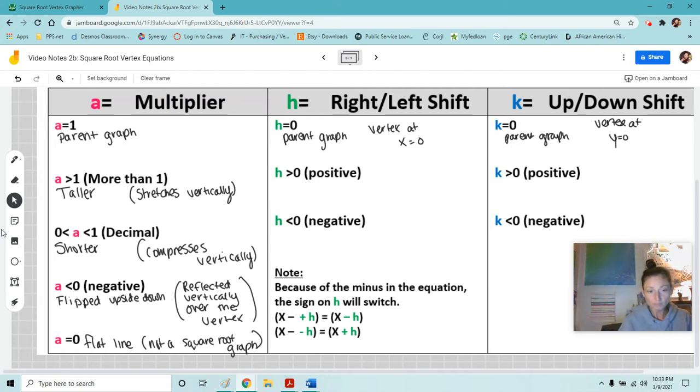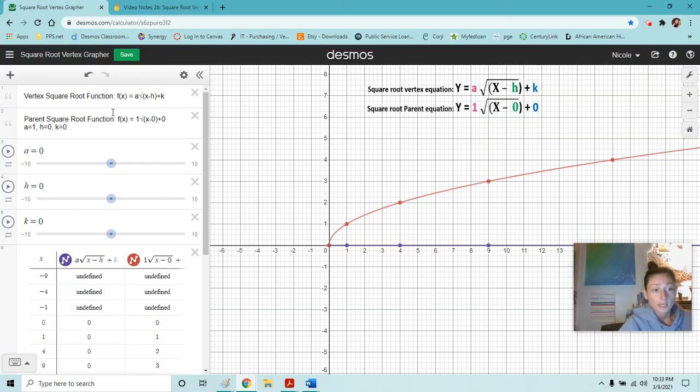Always true. Okay, so now we're going to look at the h value. And again, just like we had before, that's going to affect the right and the left. And so we're just going to make sure that it does the same kind of thing and see what that looks like. So I'm going to set my a back to 1, which is just that normal parent graph shape. And I'm going to change my h value. First, I'm going to look at what happens when h is positive.